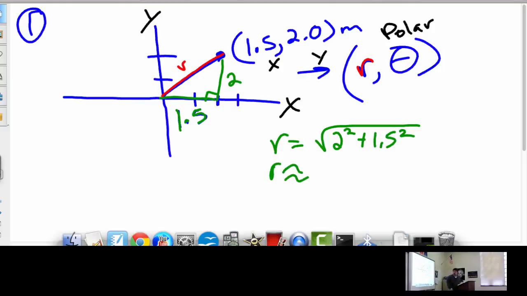Now if you plug that in your calculator, it'll take a second for my calculator to come up.